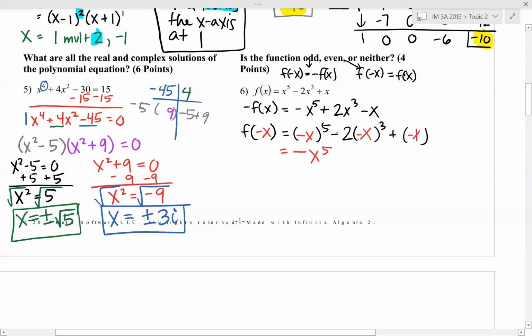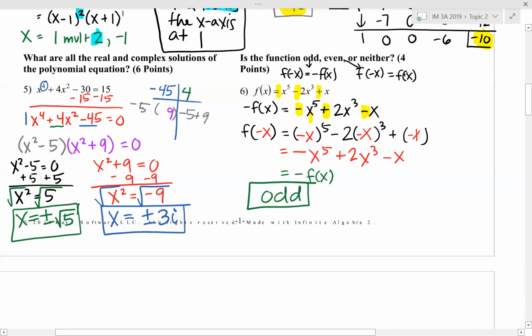So the negative is going to come out of the exponent, and so this is going to turn into plus 2x cubed. And then positive times negative x is negative x. And so really what I'm checking is, do the signs on this match the signs here, or do they match the signs here? And so notice that this is actually equal to the negative f of x, which means that this function is an odd function.